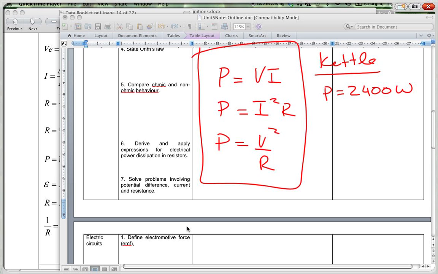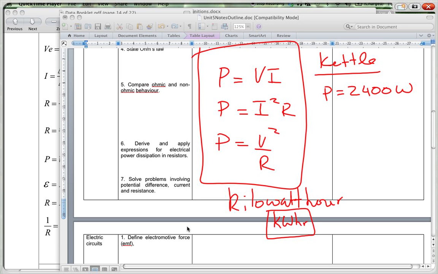Now they sell electricity or power or energy by using what we call the kilowatt hour, or the kWh for short.